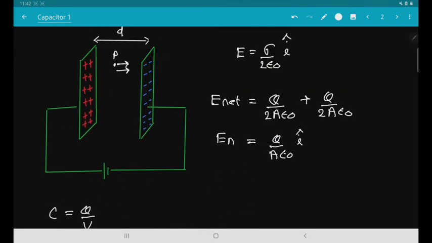Now the direction of the field here is towards positive i cap. The distance between the plates is d. It is in the x direction. So let us consider x equals 0 here, and here we have x equals d. This is the movement that we are going to make. There is no electric field in this region, so we don't need to bring it from infinity.